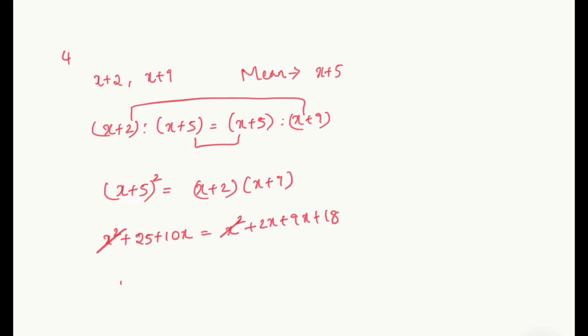So here what you have, 25 plus 10x equals 11x plus 18. Taking x to that side, the 25 to this side, minus 18 equals 11x minus 10x. That is x is equal to 7. So we get the value of x as 7.